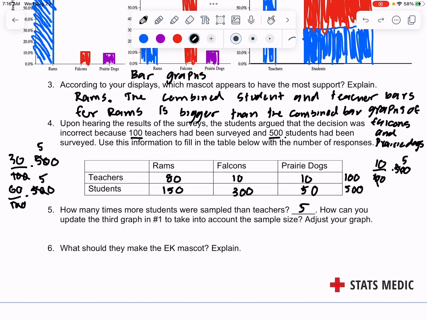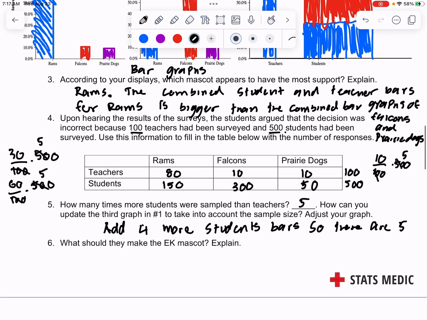So we're going to add 4 more student bars. So there are 5 total, in contrast to teachers' bars, which will only have 1 teacher bar.